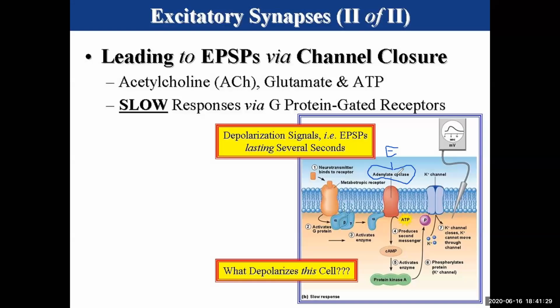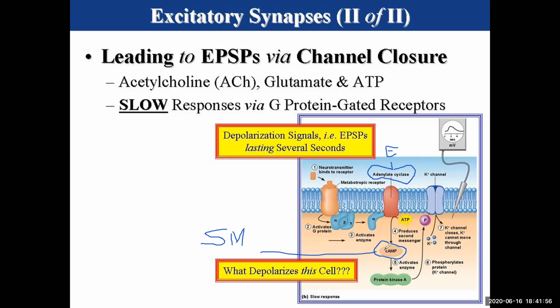And that enzyme, E stands for enzyme, converts ATP, the same cellular energy molecule, into a very important second messenger, cyclic AMP. This cyclic AMP is your second messenger, SM, right? One of the most important second messengers, cyclic AMP.